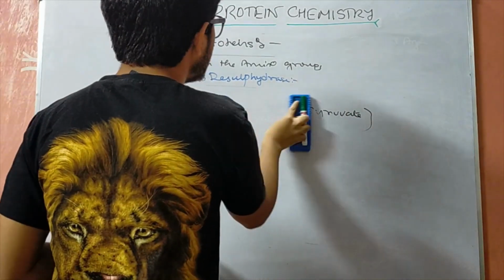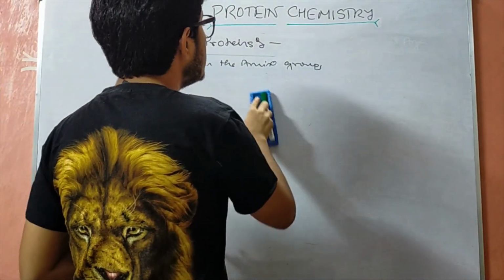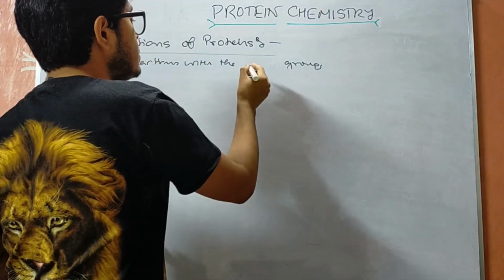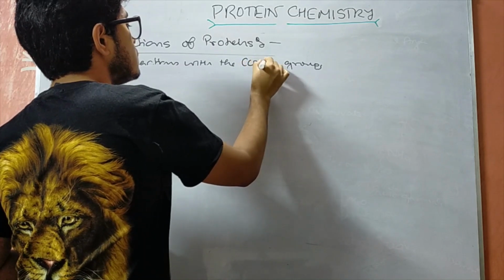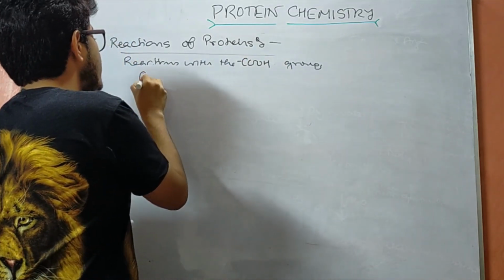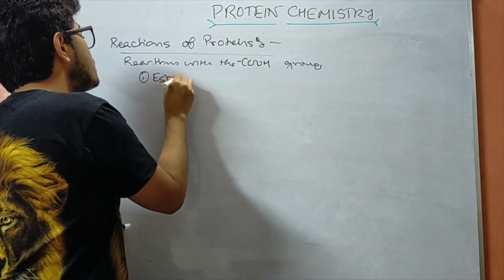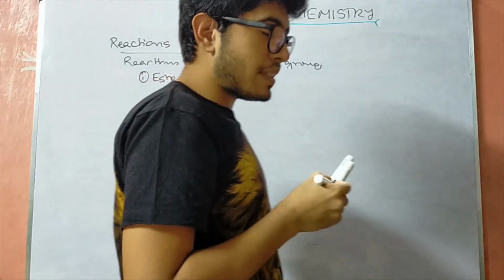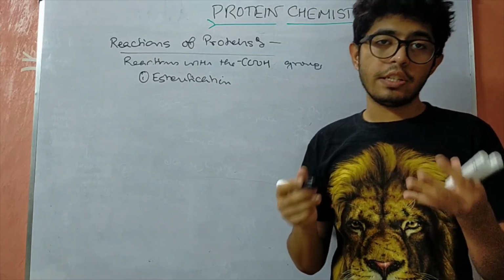The carboxyl group can undergo reactions such as esterification, where the hydroxyl group in serine and threonine can undergo esterification reactions.